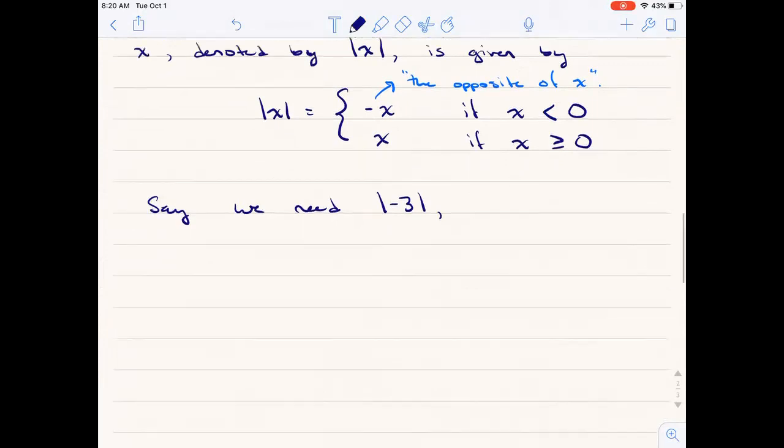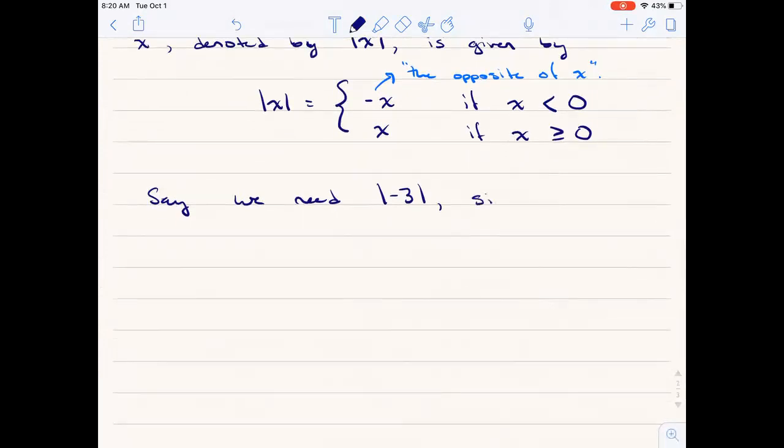So since x is -3, which is less than 0, the absolute value of -3 is -(-3), which is 3.